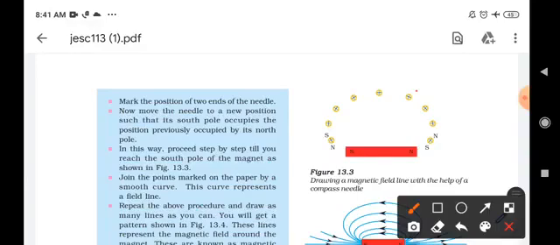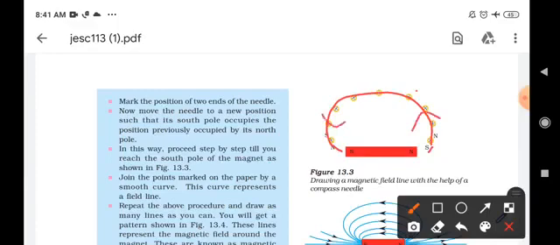Okay, so what kind of structure will we find if we join all these dots? We find that it's a curved structure, emerging from the north pole and entering into the south pole.